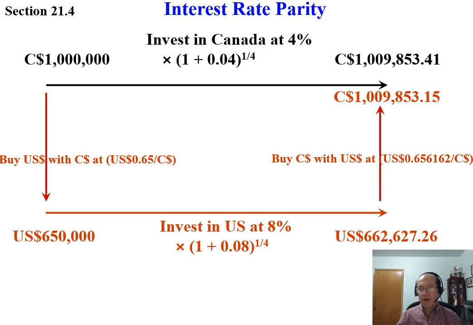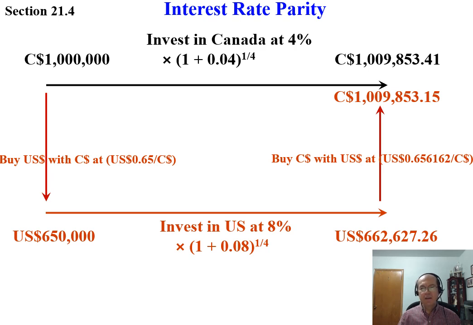As a result, our final amount in Canadian dollars was the same under both scenarios. So simply put, interest rate parity tells us that any difference between two currencies in the interest rates should be compensated by the difference between the spot rate and the forward rate.